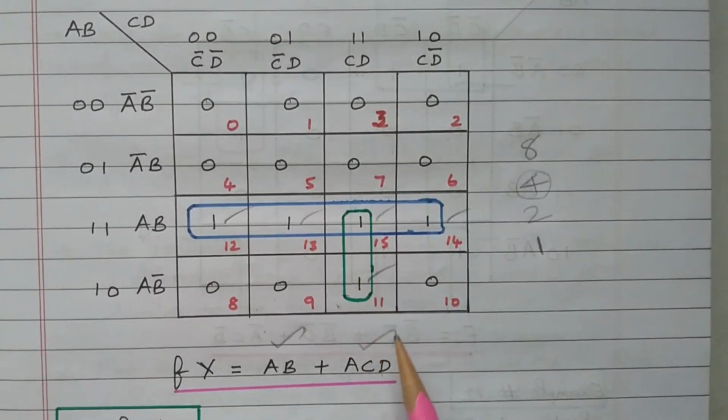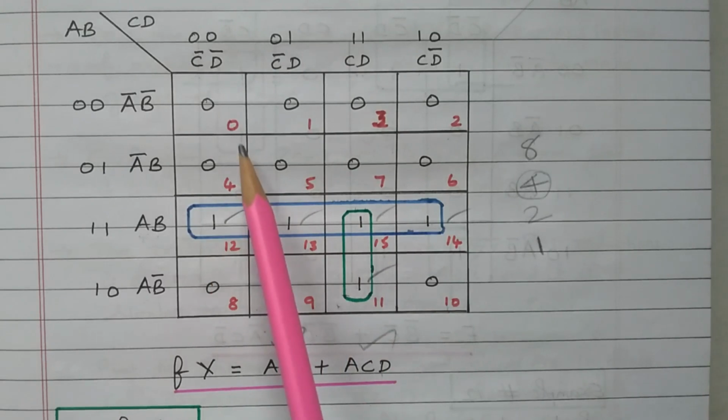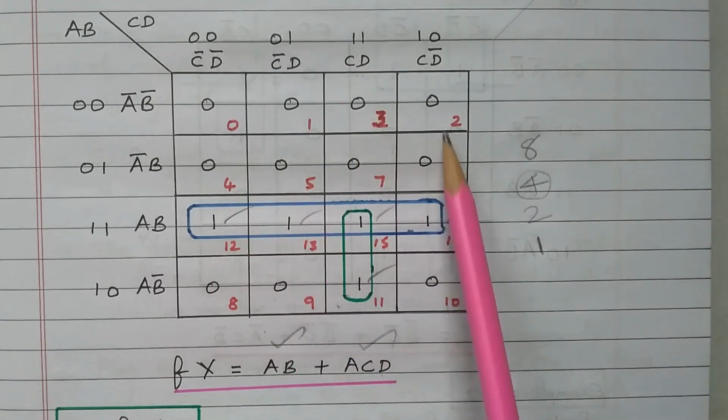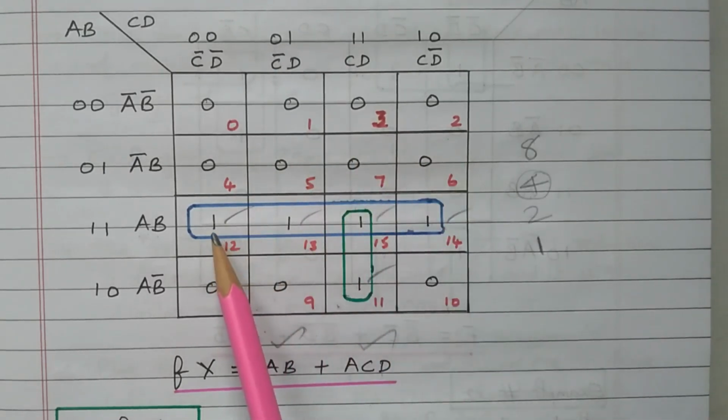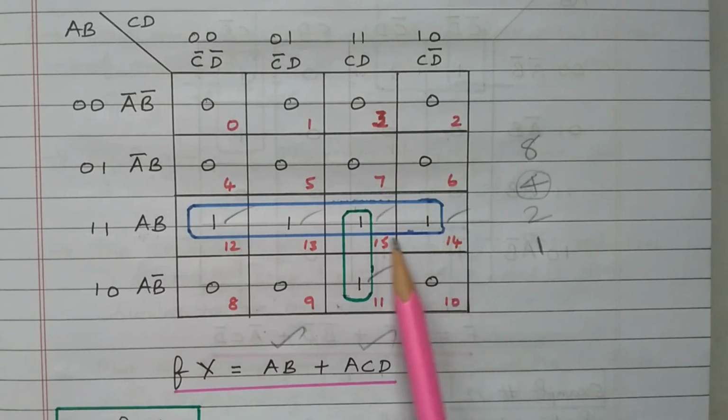So in this problem, the sum of min terms is given. The sum of min terms is marked in the K map. This red color number represents the min terms. So we can easily mark the 1s in the K map. Then we go for grouping. There are 2 groups. These 4 cells are grouped together, and these 2 cells are grouped together.